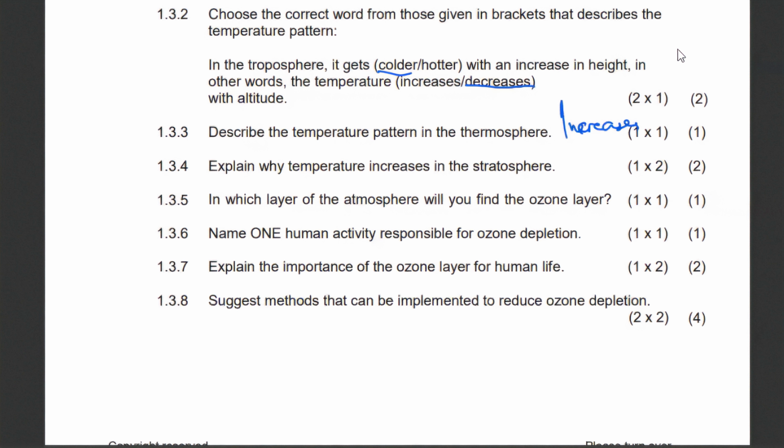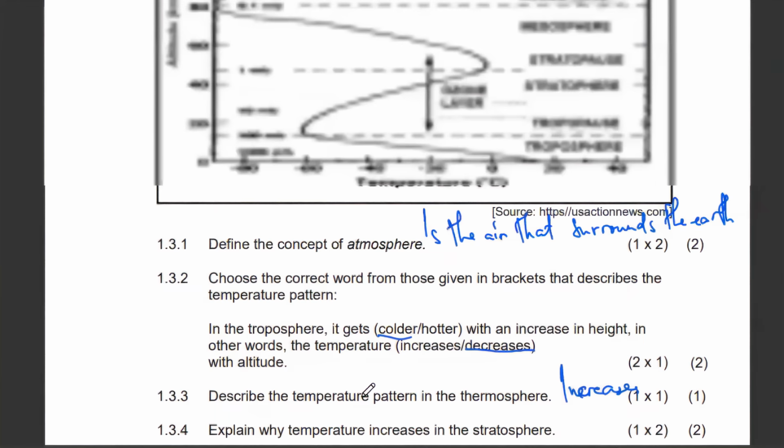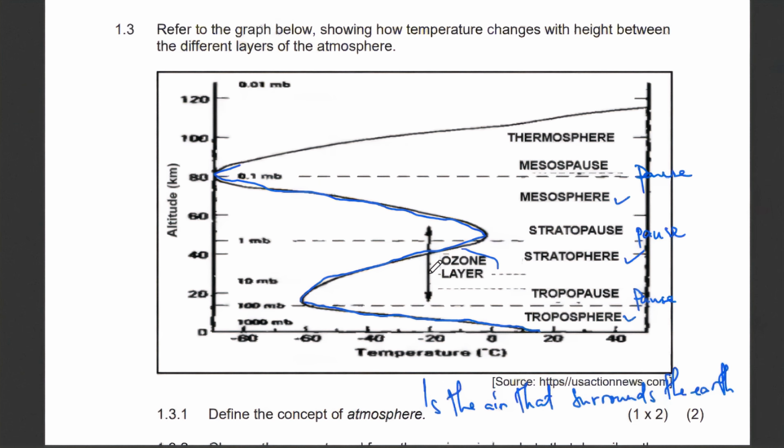Then why does the temperature increase in the stratosphere? The important part that you must note in the stratosphere is where we have our ozone layer here.